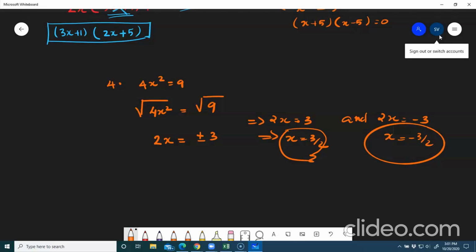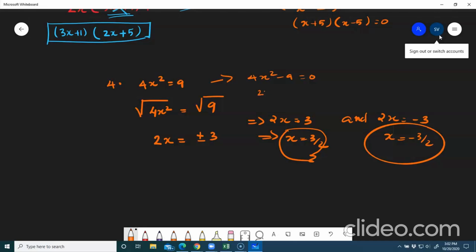Okay, so we have two solutions for this particular problem, because this is a second degree equation. That is why, for the final question, we found the solution of this problem. Otherwise we can stop here, like 4x square minus 9 equal to 0.